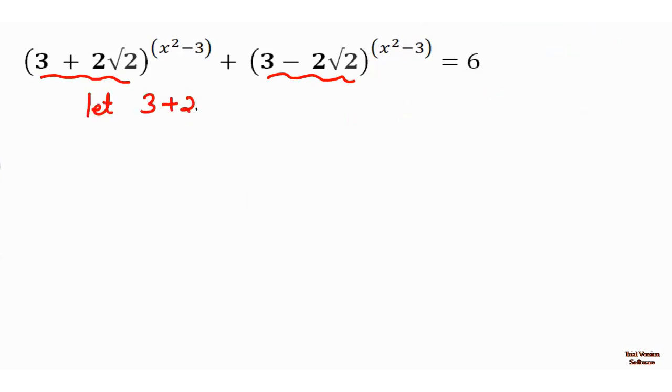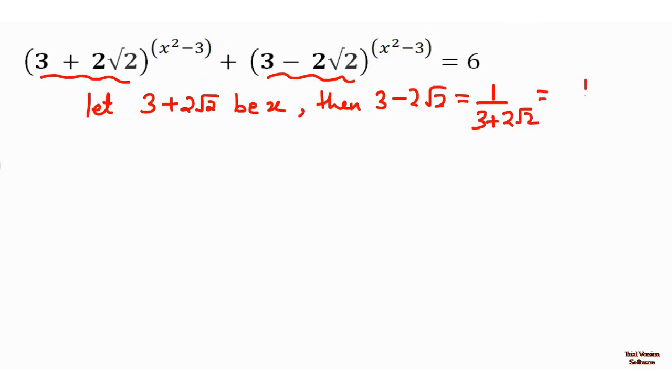So if, due to the same reason, we let 3 plus 2 root 2 be x, then 3 minus 2 root 2, we just calculated it. It was equal to 1 upon 3 plus 2 root 2. So that would be equal to 1 upon x. But we can't use x here because in the question there's already one x.